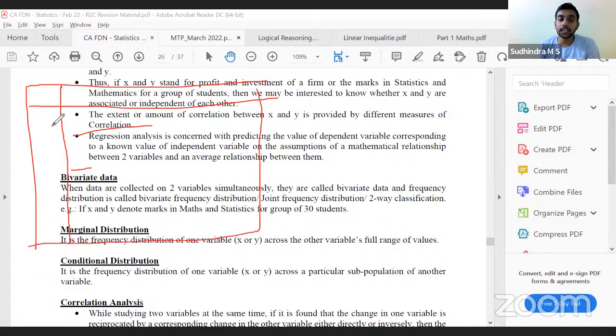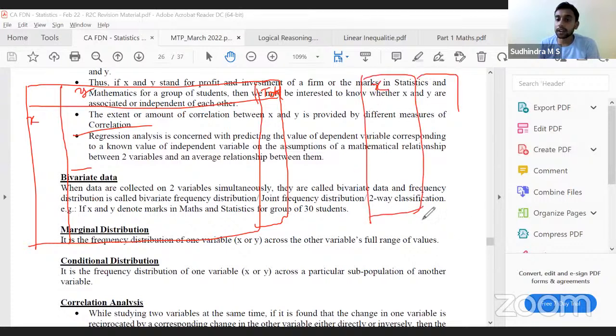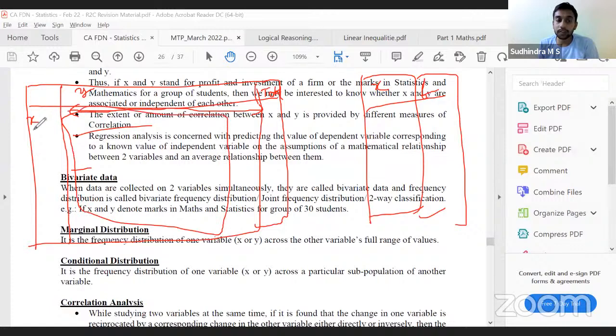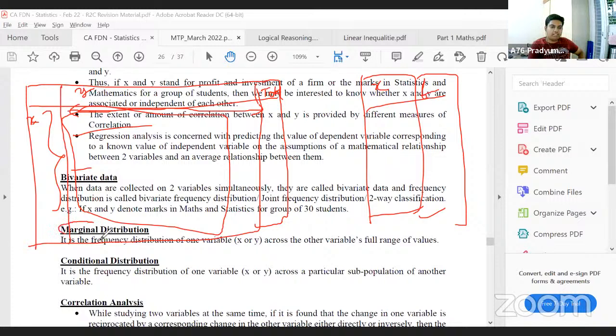If I consider a single frequency distribution of a particular variable from this, let's say X and Y, I'll prepare the frequency distribution of X with the corresponding total frequencies of all the values of Y. This frequency distribution of X for all values of Y is called marginal distribution.